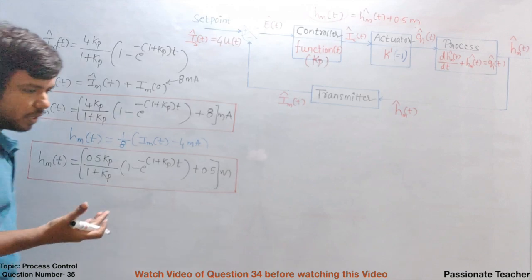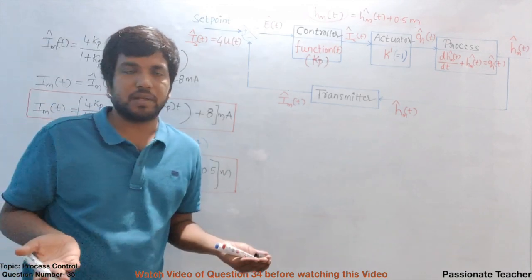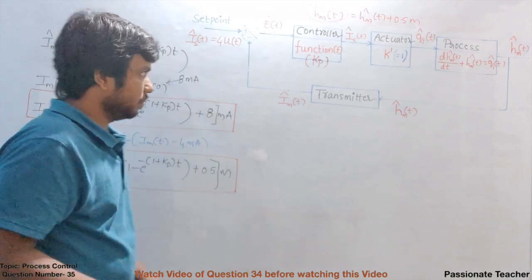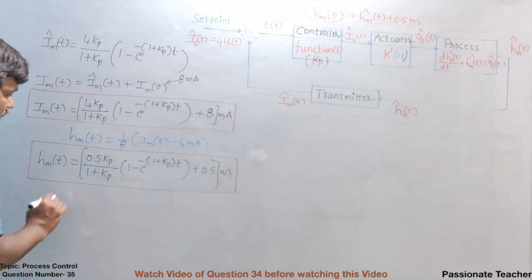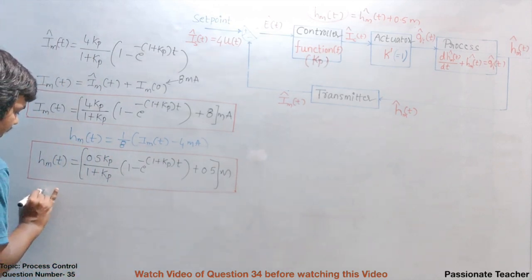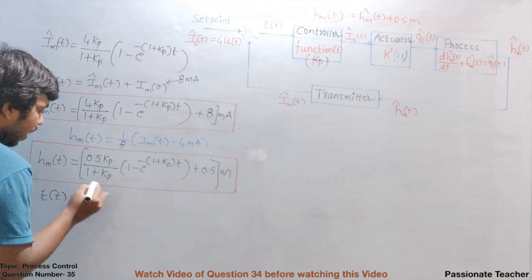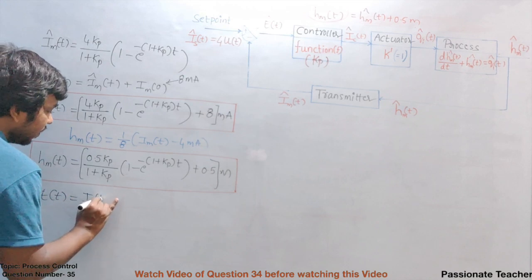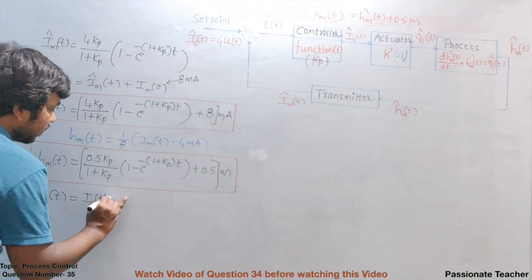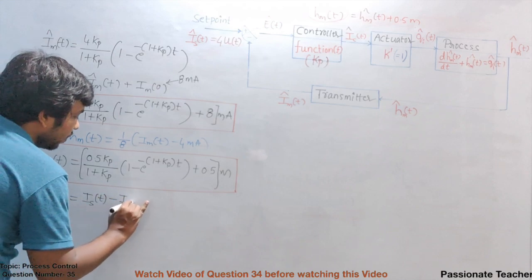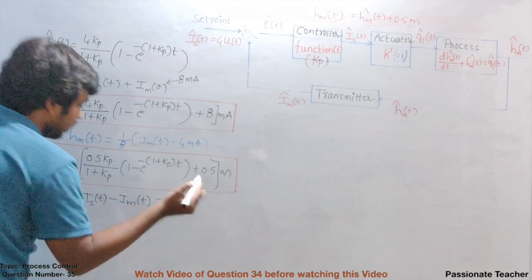Anyway, error can be found in terms of current as well as in terms of meters because the percentage will remain the same, right? So from here, we can easily say the error e of t can be written as, we can take caps or else we can take it in the normal way because the initial value is the same, that is Is of t minus Im of t, right?